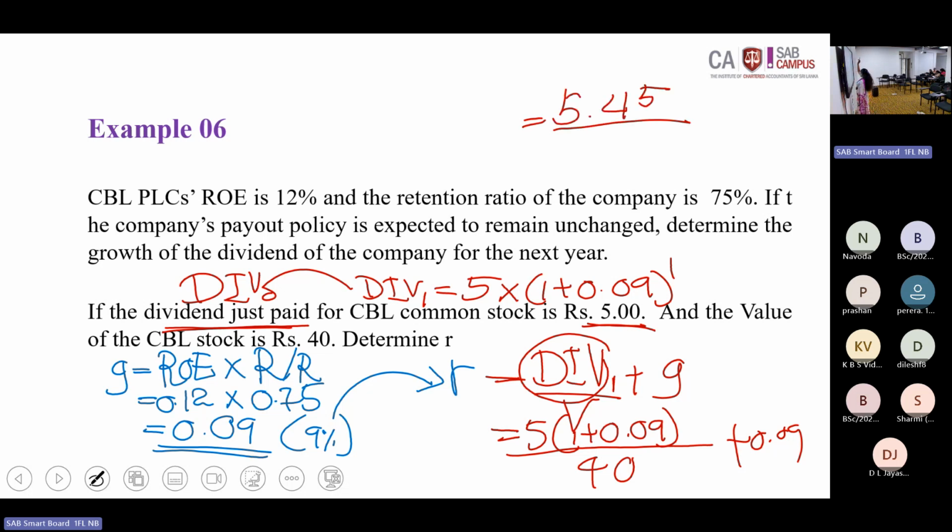So 5.45 divided by 40 plus 0.09. What's the value?